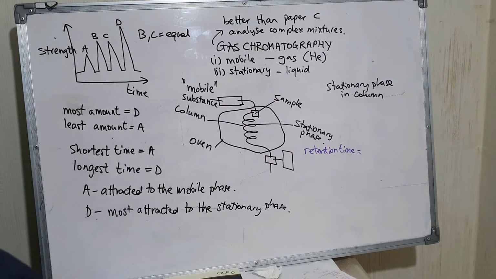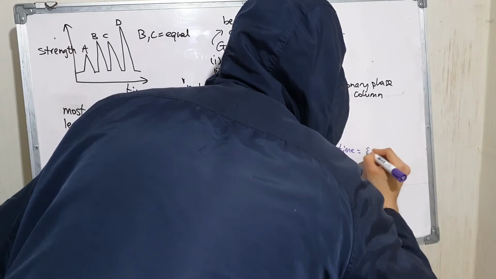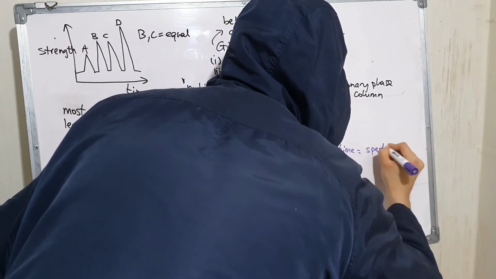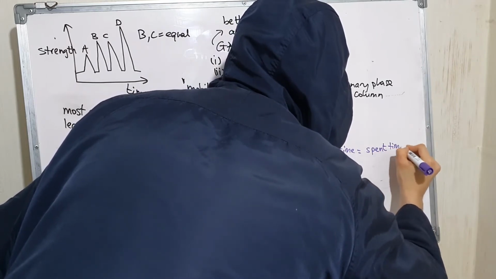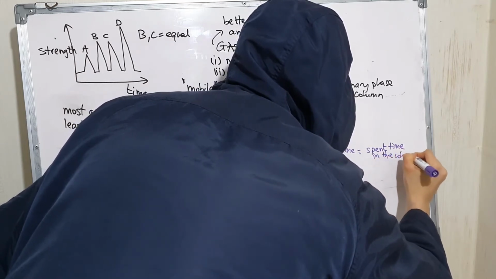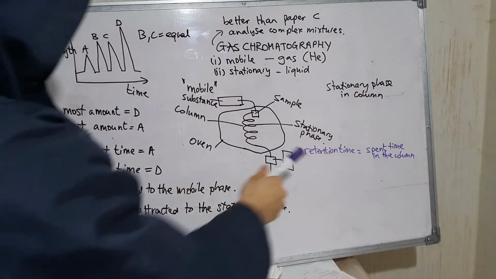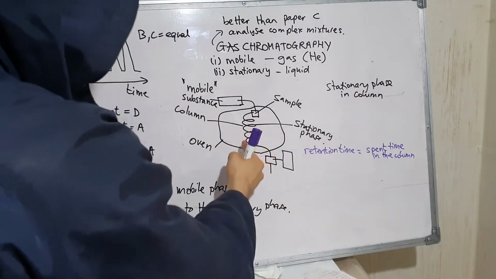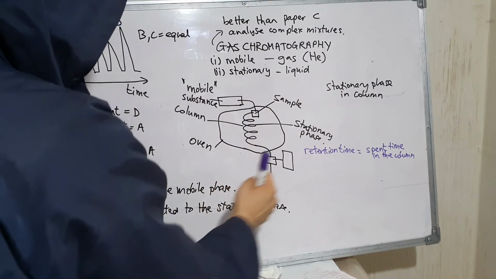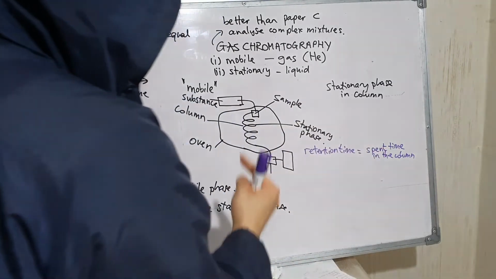So if something has a long retention time, it means it spends there the longest. So the retention time is how long it spends in the column or the whole process. So if something has a long retention time, the time spent in the column is long.